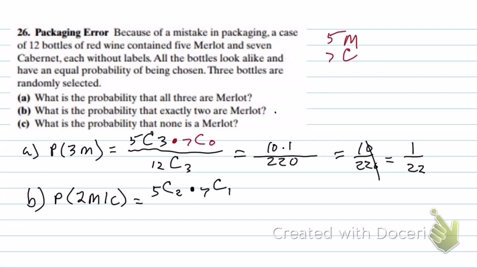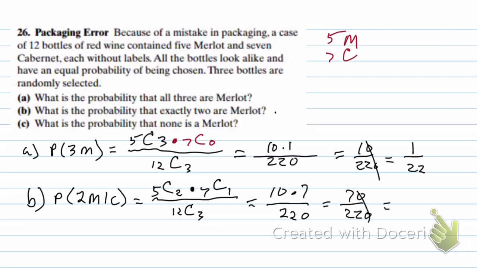I'm picking 1. This is still going to be that on the bottom. Let's see how that changes things. So I get 70 over 220, which is 7 times more likely than what we got up there for A. So I've got 7 over 22.